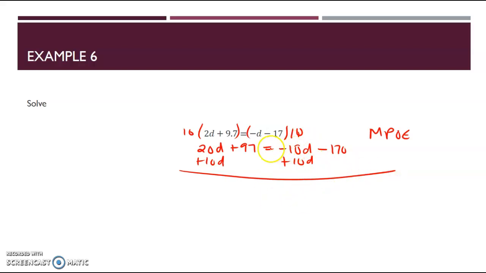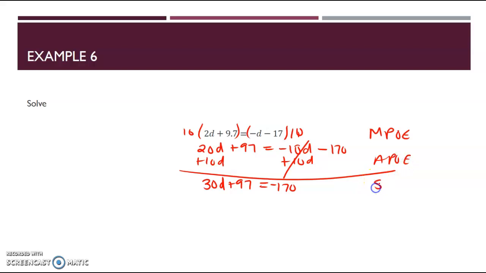And again, I'm doing the opposite because our variables are on opposite sides of the equal sign. If they were on the same side, I would just do as it says. Alright, so 20d plus 10d is 30d plus 97 equals a negative 170. So that was an APOE.